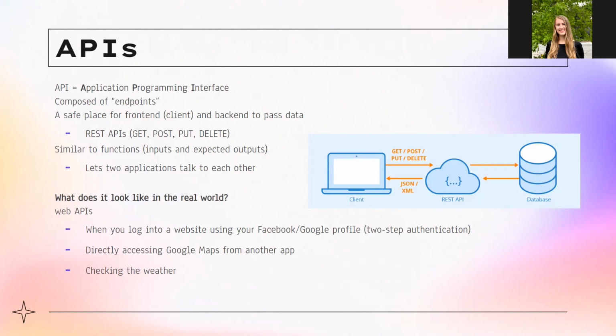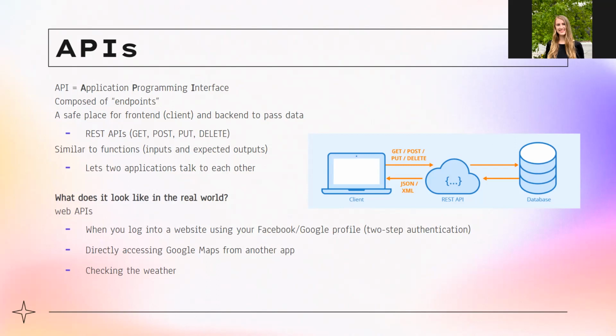There's one application that we make, which is the web app. And then the other application is something that's already made or that has data that we would like to retrieve. Examples of that may include Google. What's really popular are web APIs. Some examples of that are when you log into a website and you have the ability to log in with your Facebook or Google profile.